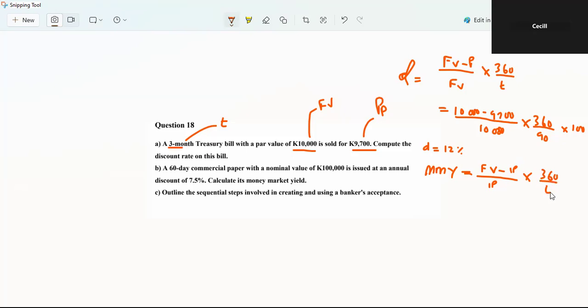We need to calculate the issue price. How do you find the issue price for commercial paper? Face value times 1 minus D times time over 360. What's the formula for the issue price?